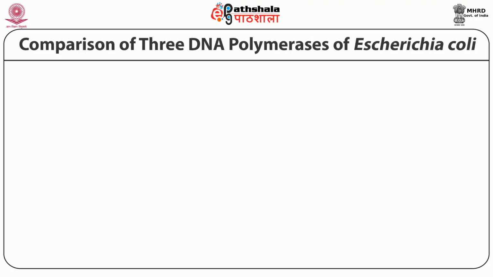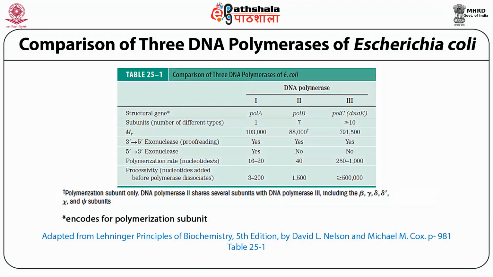This table shows the comparison of three DNA polymerases of E. coli. As you see, DNA polymerase 1 has 3' to 5' exonuclease or proofreading activity, as well as 5' to 3' exonuclease activity. While if we look at DNA polymerase 2, it just has 3' to 5' exonuclease activity, but no 5' to 3' exonuclease activity.